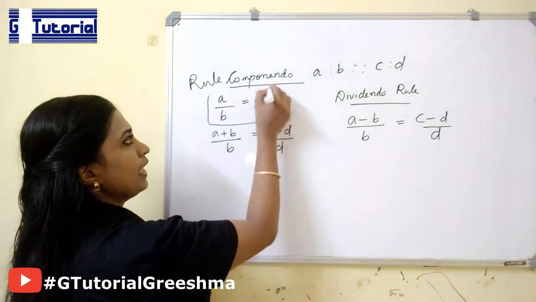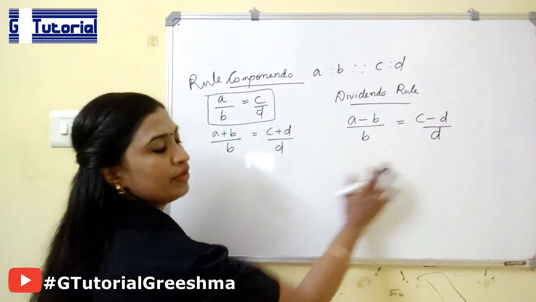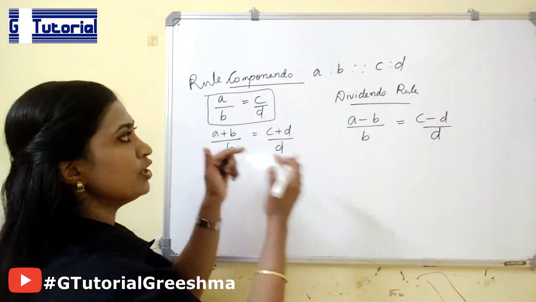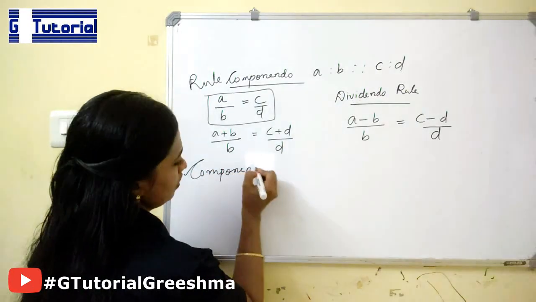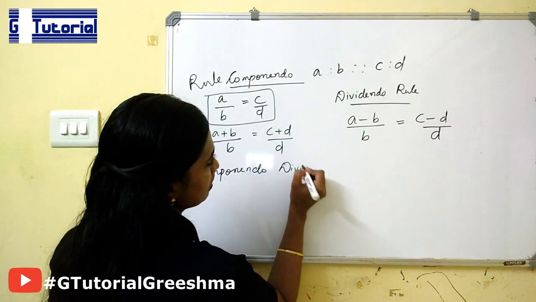If we apply componendo rule and dividendo rule together, then the combination of these two is componendo and dividendo rule. This is the most important rule.